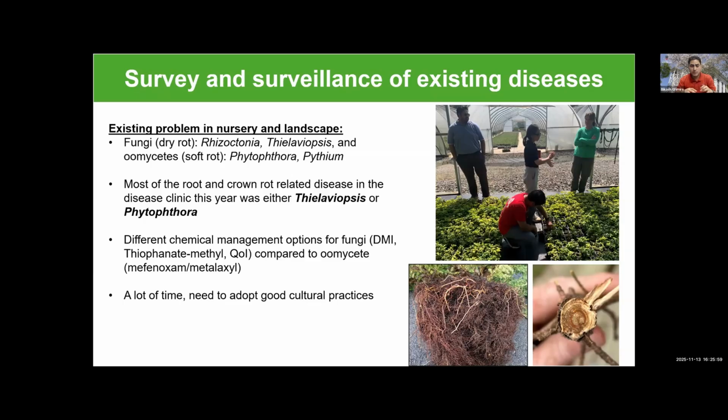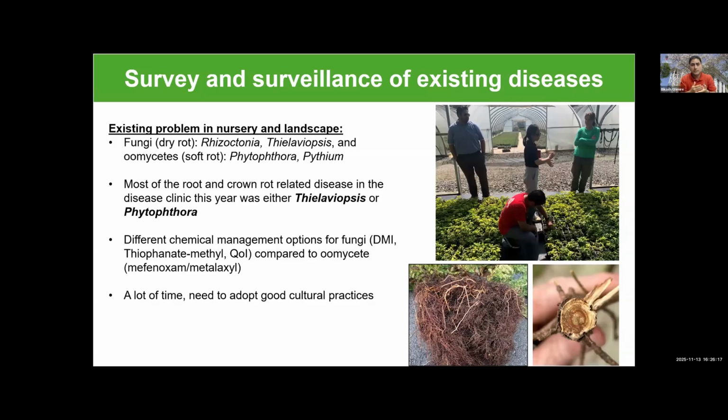As per our experience from the plant disease clinic here in Athens this year, the majority of the root and crown rot disease was caused by either Thielaviopsis or Phytophthora. That's what we have been observing a lot this year. And then there are chemical management options.